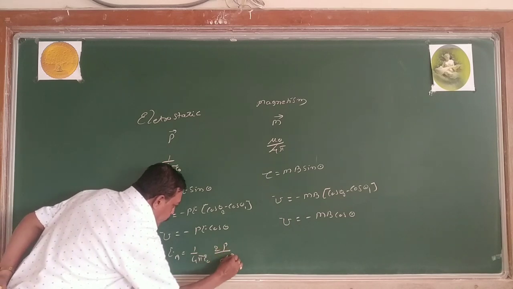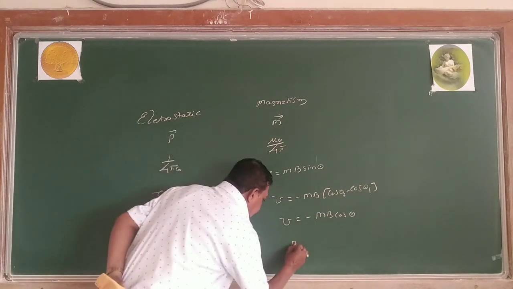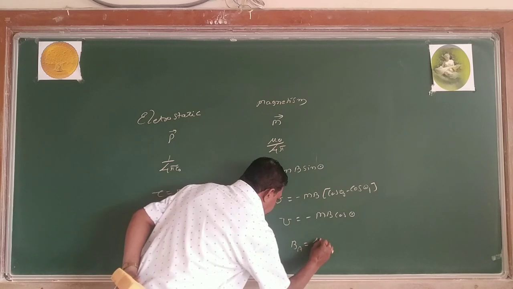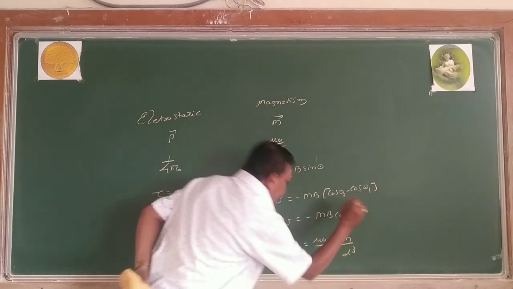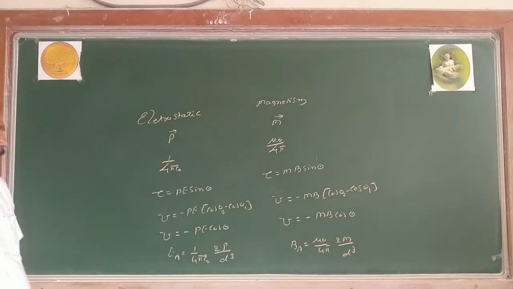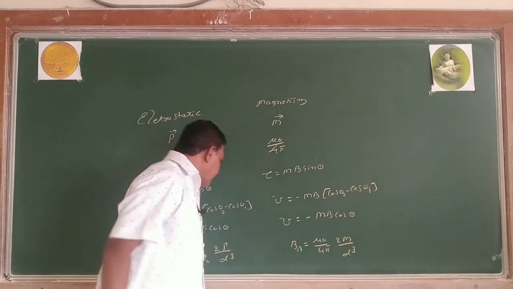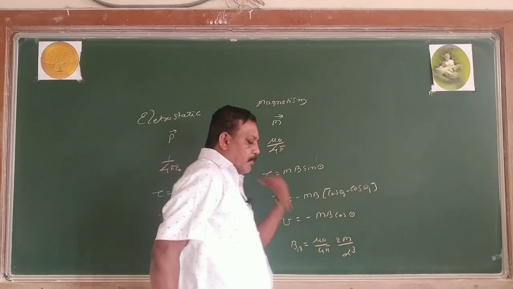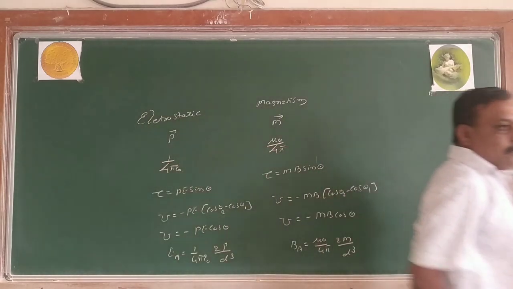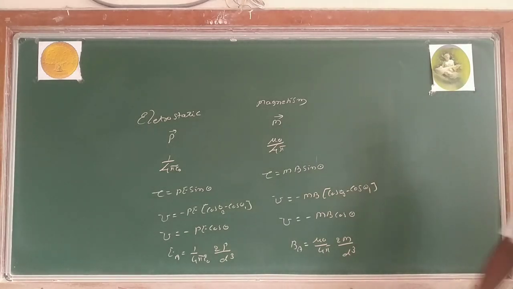So the magnetic field on the axial line is mu naught divided by 4 pi times 2M by d cube. P is replaced by the magnetic dipole moment, and the constant 1 divided by 4 pi epsilon naught becomes mu naught divided by 4 pi. There is a similarity. Because of that reason, we told you earlier that it is a bonus topic for you.